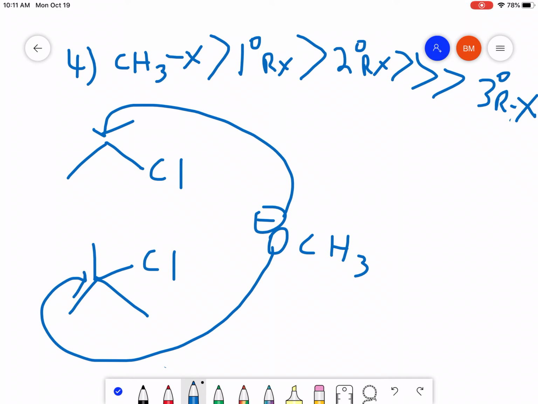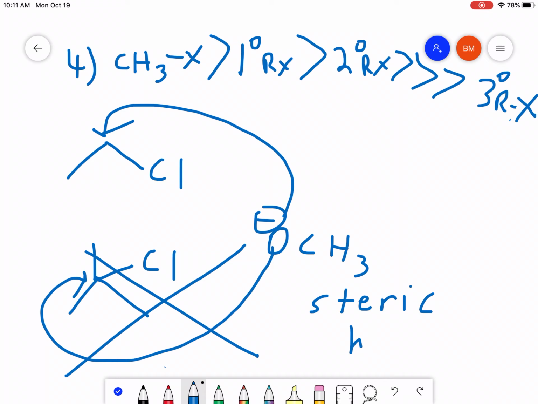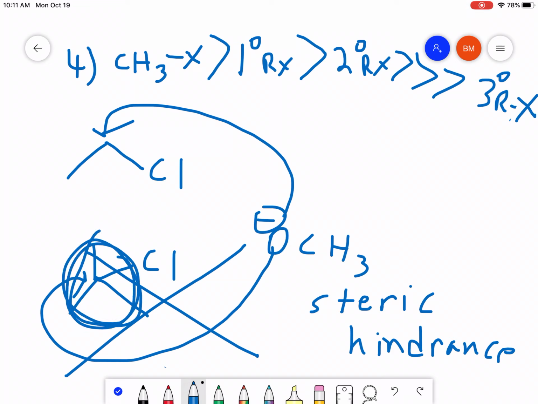Well, you guys know the answer is the top one, right? Just because of context, this one can't occur. Why? Well, what answer do you give when you don't know? Half the time it'll be right. So yeah, steric hindrance. Simply speaking, that nucleophile has to navigate a very crowded pathway here in order to get to that central carbon that has a Cl.